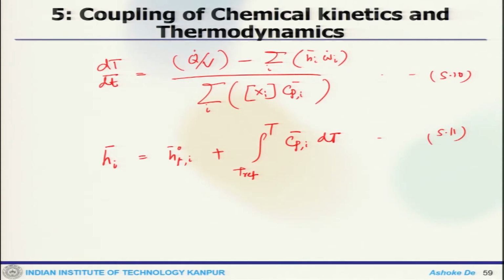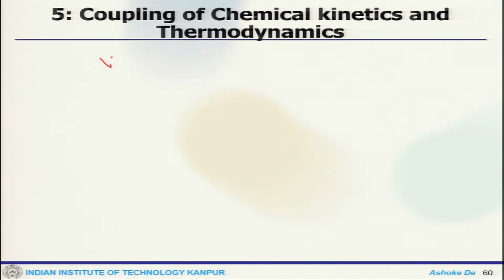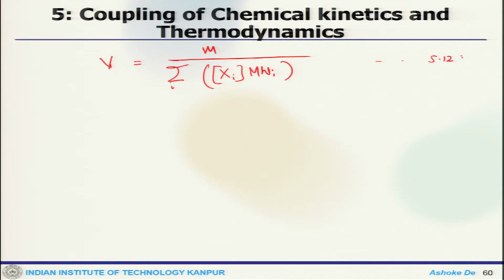Now, one can find the volume using this. That can be easily obtained, and the volume would be the sum over i of m by Xi concentration times the molecular weight of i.